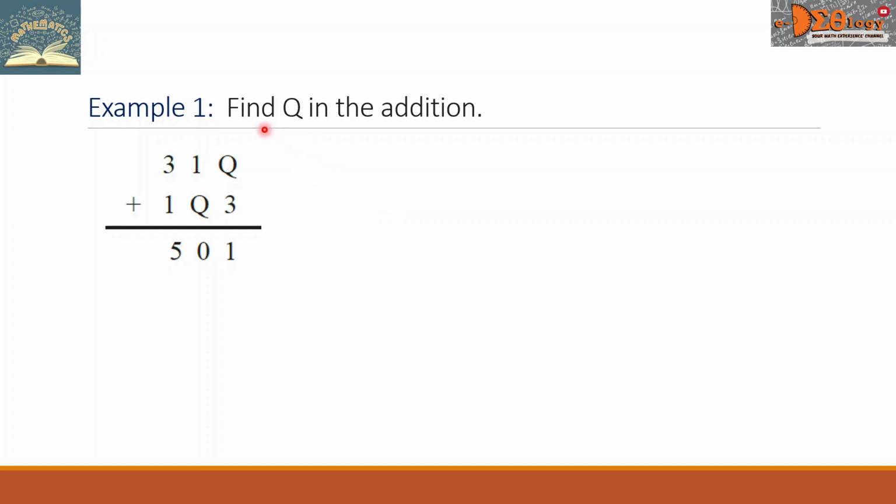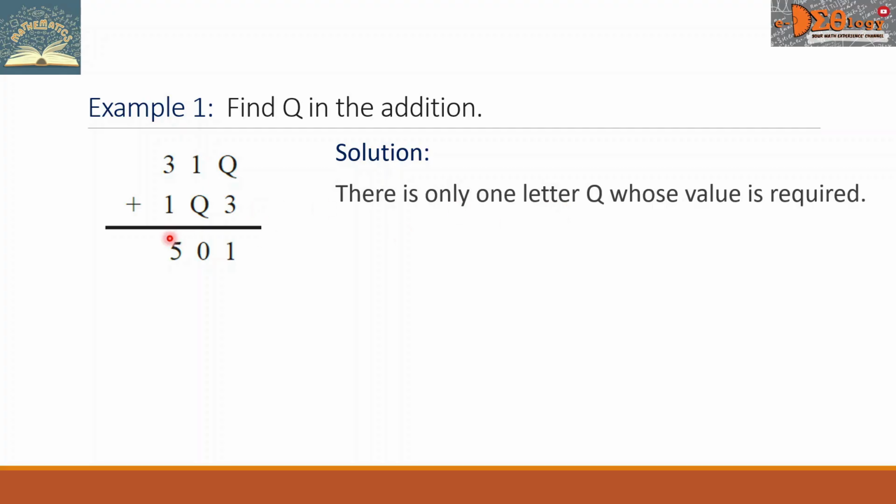Example 1. Find Q in the addition. We have here a 3-digit number plus another 3-digit number, and the sum is 501. So we have 31Q plus 1Q3. There is only one letter Q whose value is required. So let's begin with this column.